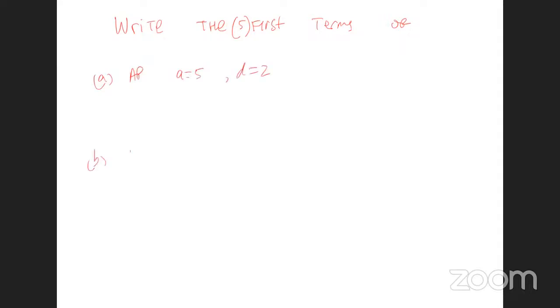Then write the first 5 terms of a GP, where A is 10 and R is 2. And then write the first 5 terms of a GP, where A is 4 and R is a half. Actually, let all of them start at 10. So I'll show you what's happening.